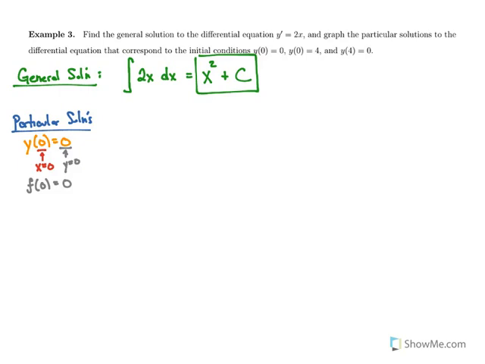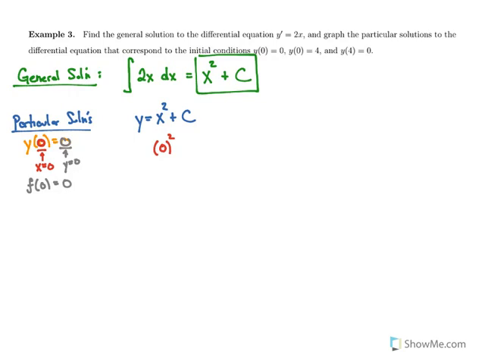So we have that y is equal to x squared plus c. And we are going to solve for c given this initial value. If when x is 0, y is 0, we can plug that in to the differential equation. So again, we have x is equal to 0. So we're going to plug that in, 0 squared.